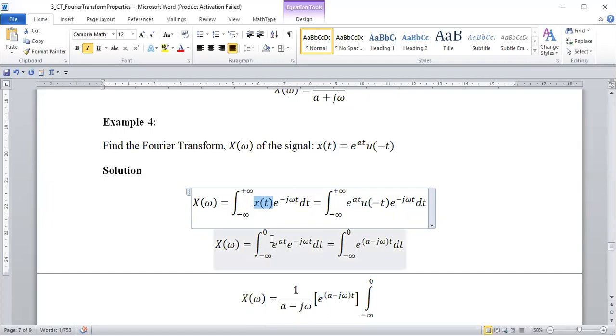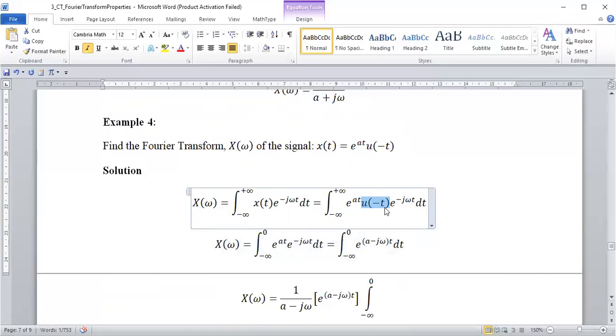And u of minus t is a step function, but it has a value of 1 from minus infinity to 0. So we are removing this u of minus t, and we are performing the integration from minus infinity to 0 because u of minus t has a value of 1 from minus infinity to 0.